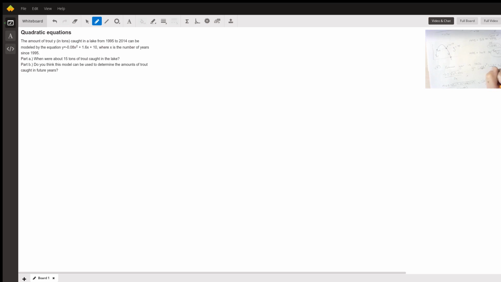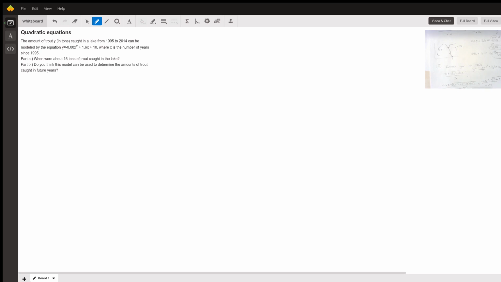This stays negative 1.6 as well, plus or minus 1.6 squared. We can remember from the previous problem that's 2.56. And so really the only thing we have to calculate that's new here is 4 times 0.08 times 10. And so you get minus, and remember it's positive times a negative times a positive, so that's minus negative 3.2, which is the same as adding a positive.